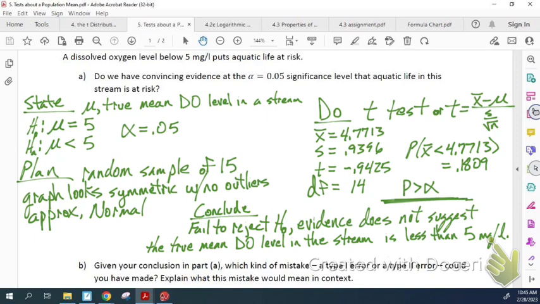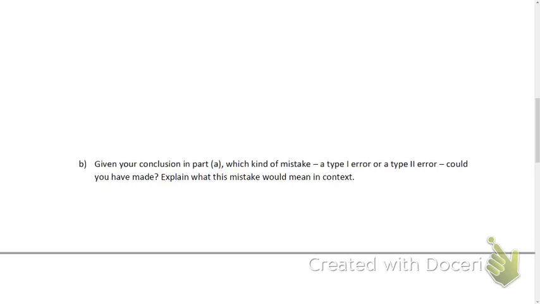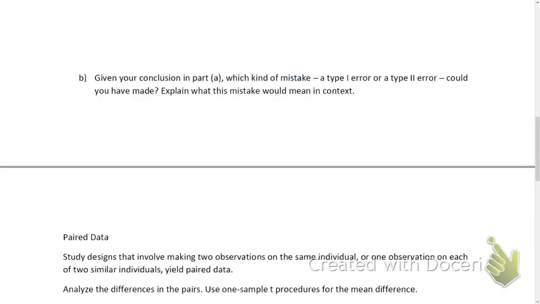So this was measuring dissolved oxygen in a stream, possibly putting aquatic life at risk if DO was too low. We ended up failing to reject, so that means we are at risk of a type 2 error.